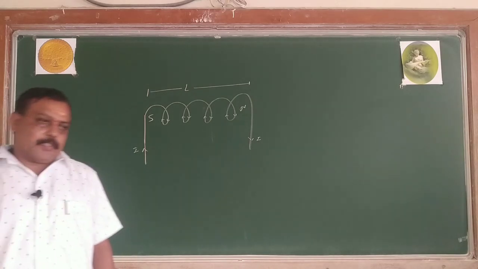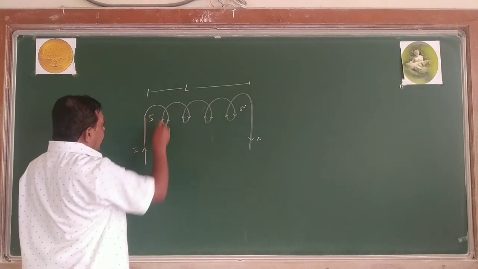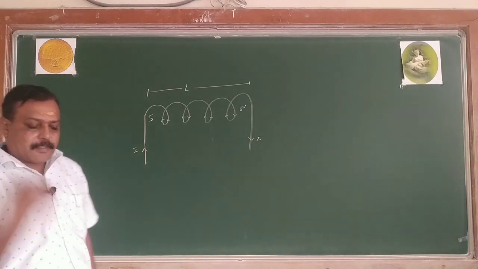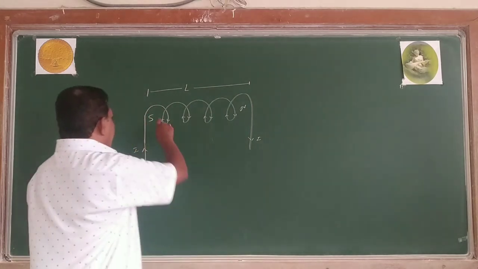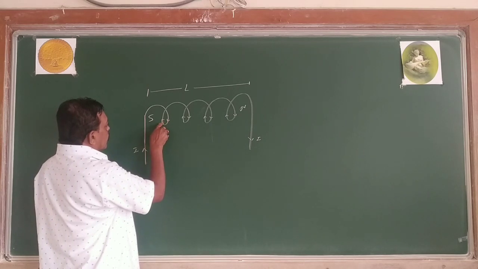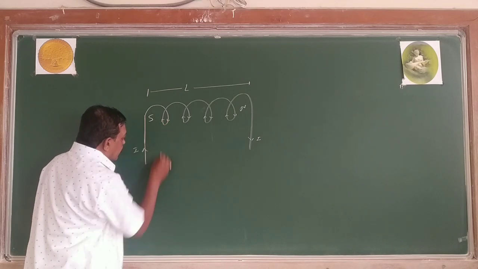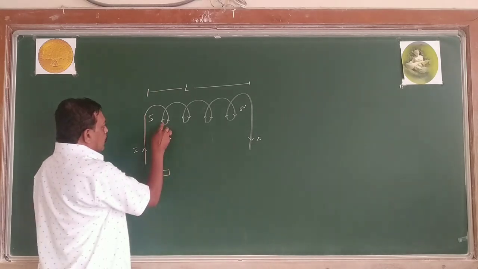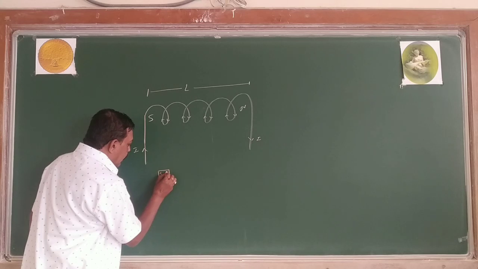We have to prove it. So now this is clockwise. Each turn of the solenoid acts as a tiny magnet. This turn acts as a tiny magnet, clockwise south and this is north.